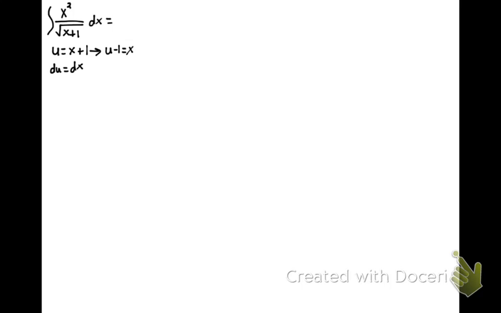When I substitute in, this means that I'm taking the integral of u minus 1 squared over u to the 1/2 du, and u minus 1 squared is equal to u squared minus 2u plus 1, and all of that is being divided by u to the 1/2 du.